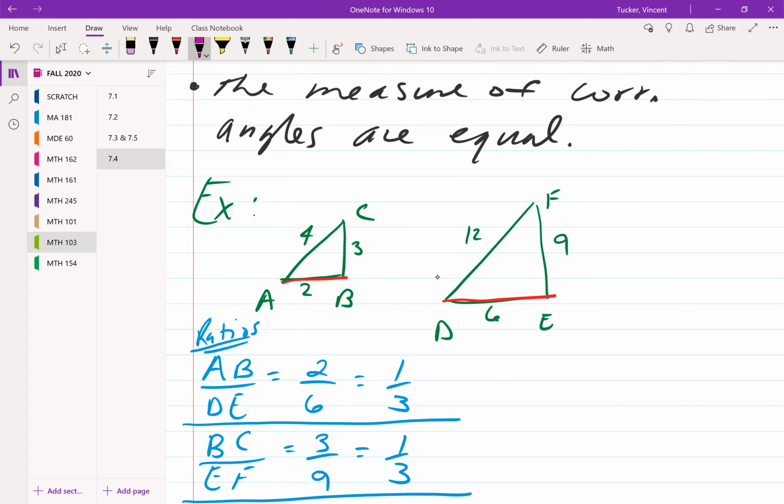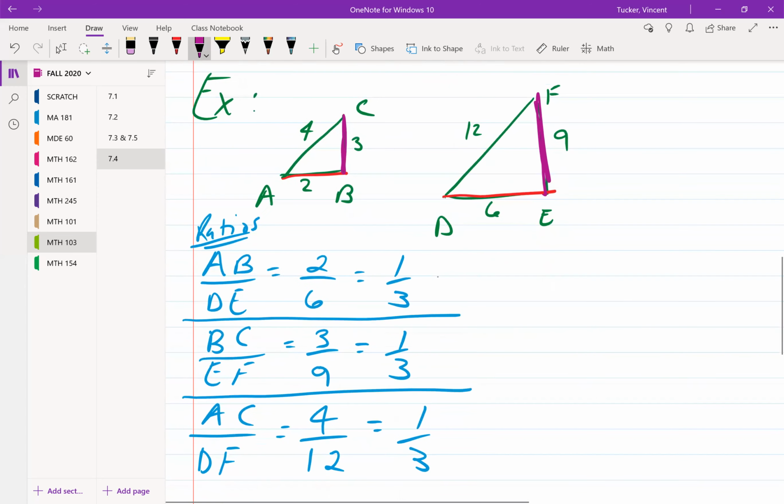Then if I look at BC and EF, small triangle over larger triangle, that would be 3 over 9, which would be 1 over 3 as well. And then if I look at that last side, AC over DF, that would be 4 over 12, which is equal to 1 over 3. So the ratio of the sides will be equal.